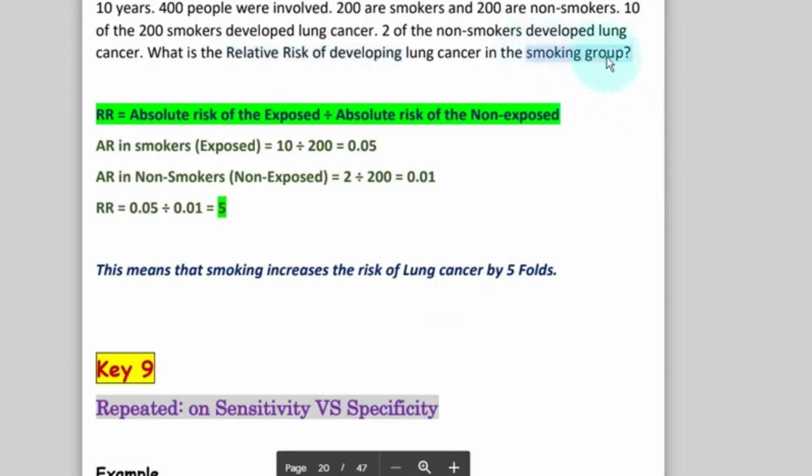Absolute risk in smokers, the exposed, is 10 in 200, that means 0.05. In non-smokers, the non-exposed, it's 2 in 200, which is 0.01. When you divide them, you get 5. What does this number mean? This means that smoking increased the risk of lung cancer by 5 folds. That's the use of the relative risk and absolute risk concept.